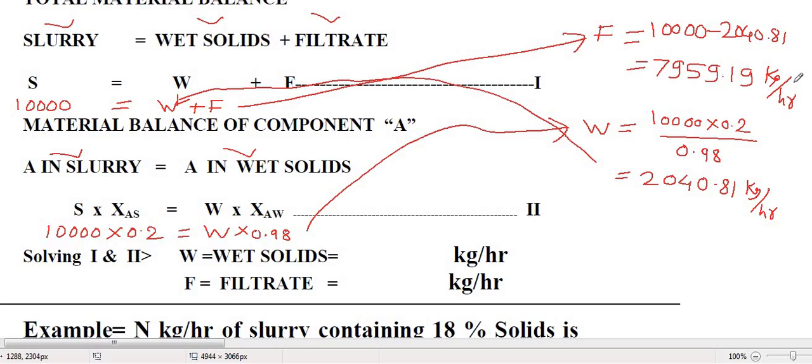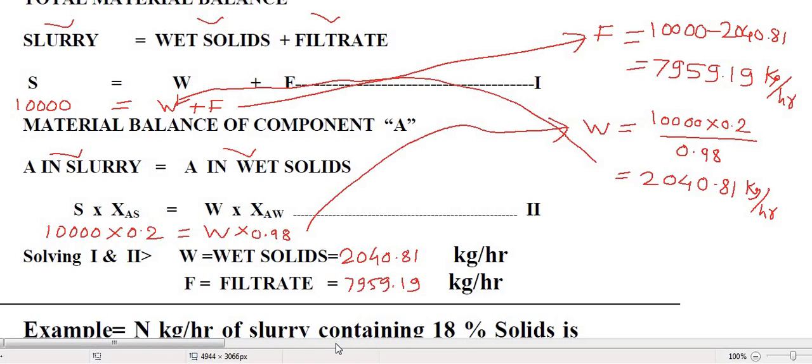So we have used both equations, the total material balance equation and the component material balance equation, to calculate W and F. Finally you get W as 2040.81 kg per hour and filtrate as 7959.19 kg per hour.